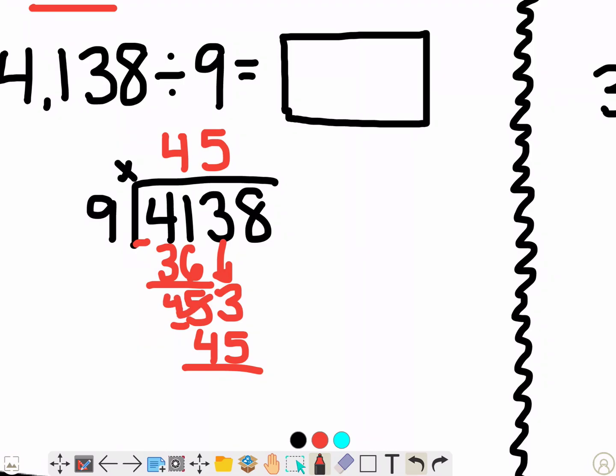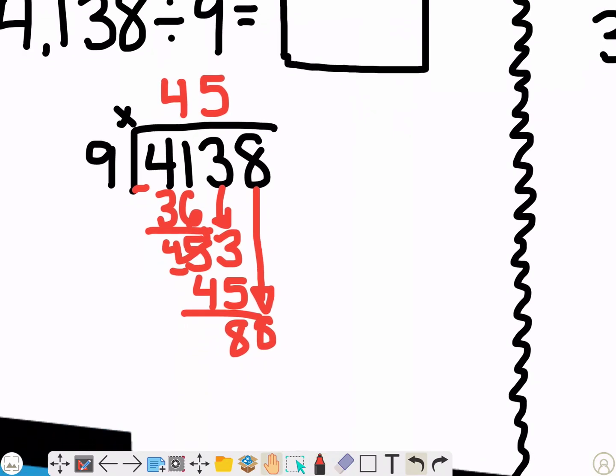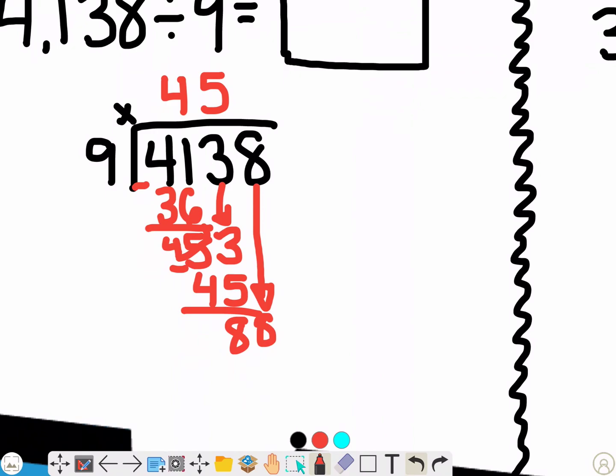I could do all my borrowing. That would be 8. So I don't have enough tens to go around, so I'm going to bring down that ones, and instead of having 8 tens, I now have 88 ones, and I definitely have enough for 9 people. 9 can go into 88 9 times without going over, because that's 81. I subtract, and I'm left with 7.